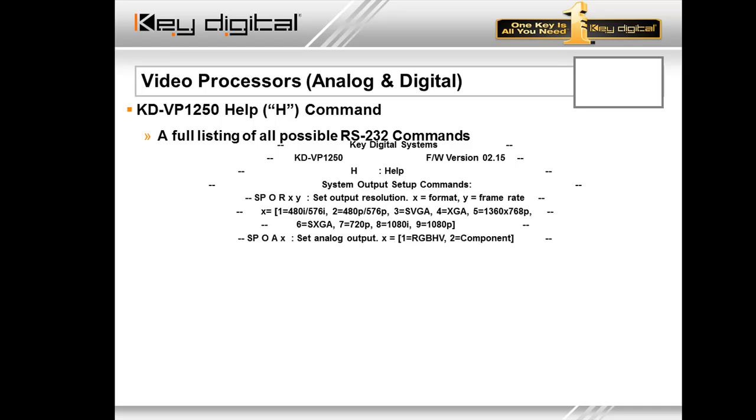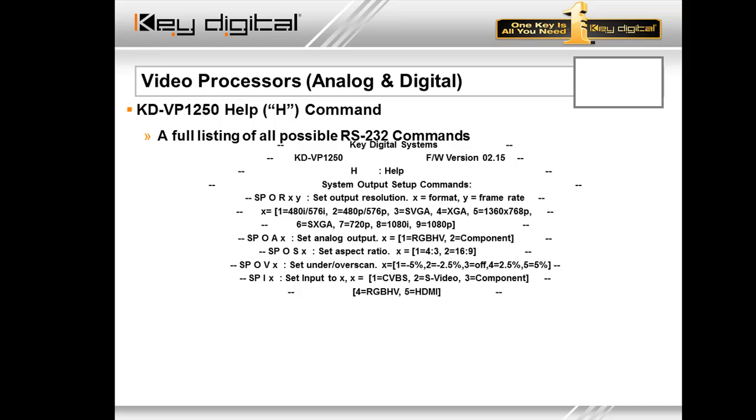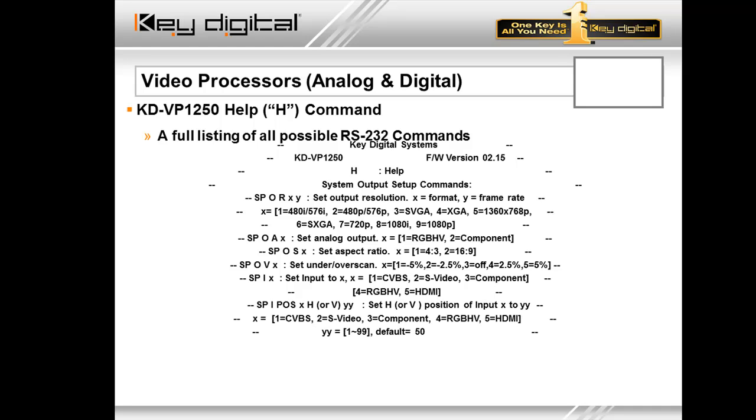And setting the analog output, either component or VGA, RGB, HB, aspect ratio, underscan, overscan, selecting the input. This is the switching command essentially, SPIX, where X is a value of 1 through 5, composite, S-video, component, RGB, HB, VGA, or HDMI respectively.